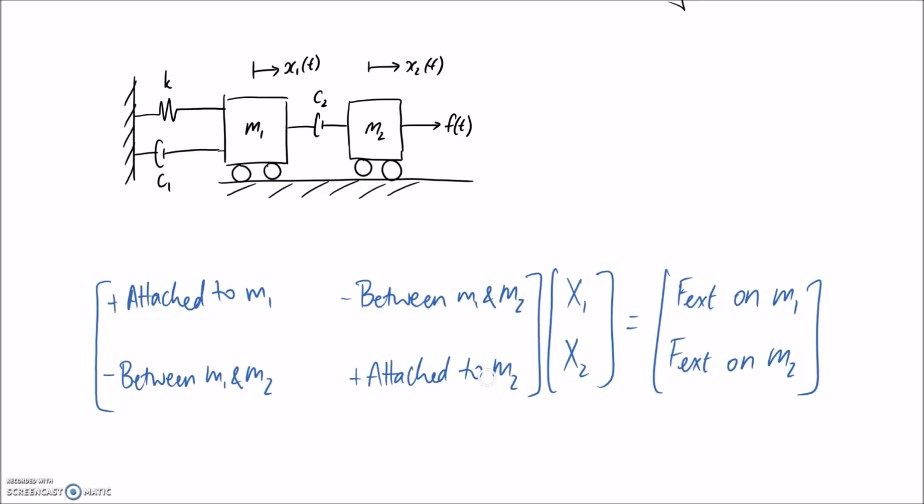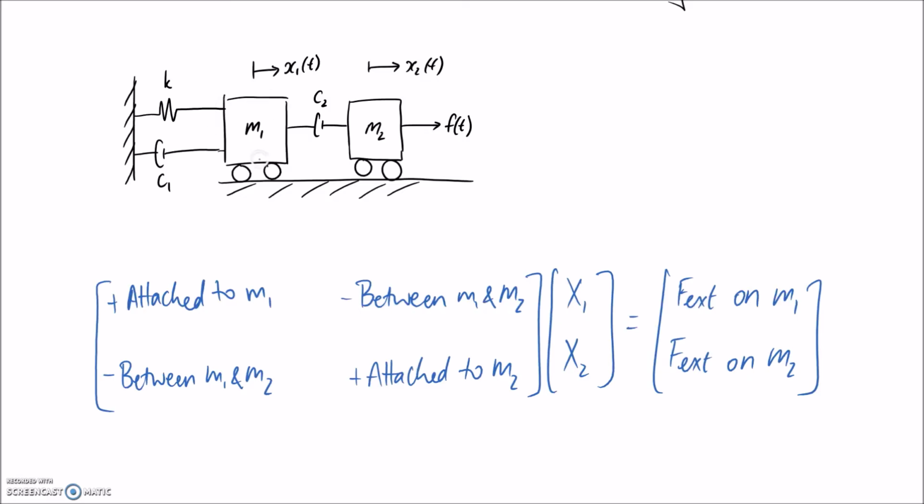Down the bottom here, it's going to be everything that's attached to M2, and it's going to be positive. So we've got M2 itself and C2, which we saw before. And these on the diagonal need to be the negative of what's between the two masses. So again, the only thing that's between them is C2. Okay, so finally on the other side of the equal sign, we have the forces which are externally applied onto our masses.